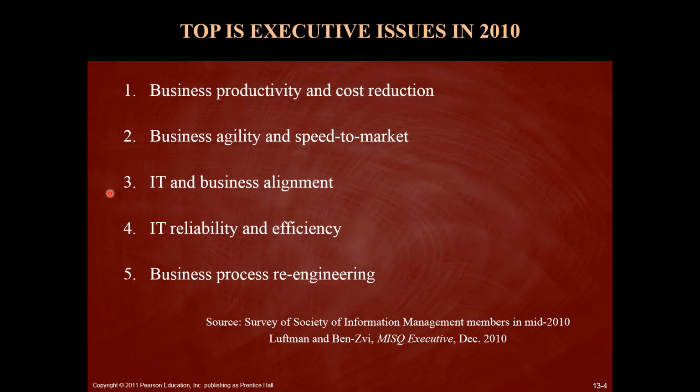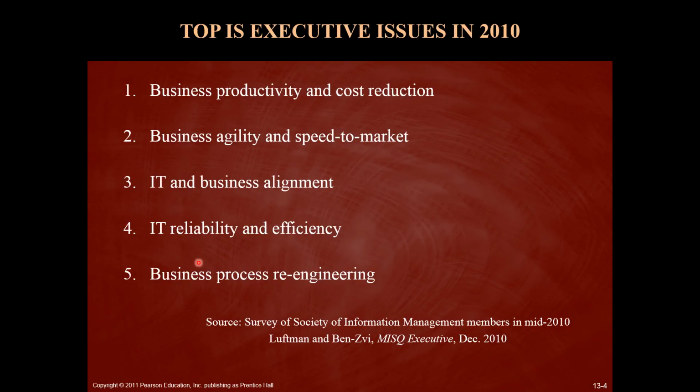IT reliability and efficiency, again, a big area. I told you that we often think of IT only when something goes wrong, when a computer is not working or the network is down. So this is a very important area. And in some industries, in some organizations, this downtime can be quite costly. Let's say we're talking about stock trading applications, where a system being down for a few hours can mean big losses because the market fluctuates and billions of dollars move every hour.